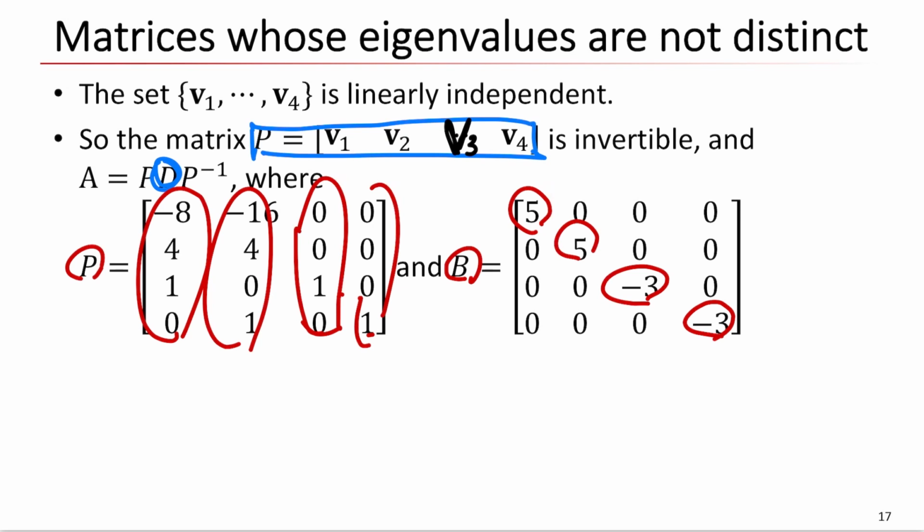So in other words, we can decompose this matrix A into P D P inverse. Okay.